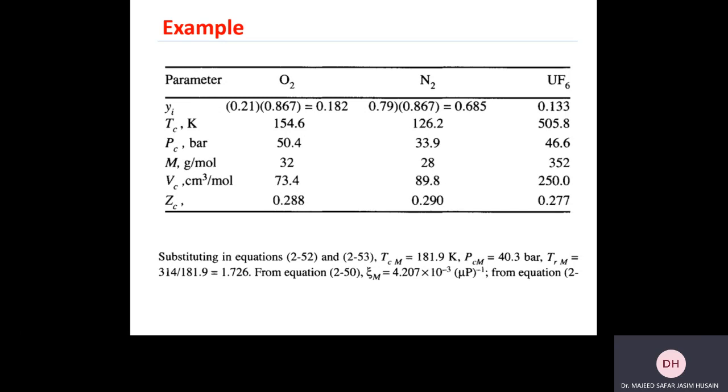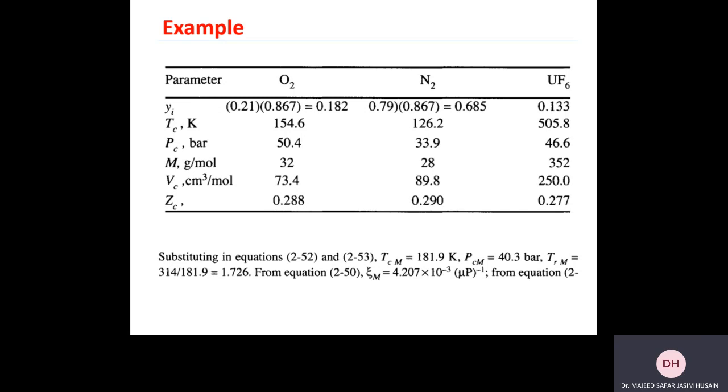So if we want to find the mole fraction Yi, 21% of 0.867, and the rest, 0.133, was UF6, and 79% of the 0.867 was nitrogen. The critical temperature of oxygen, nitrogen, and UF6 is given to you, possibly from tables. Molecular weight is given, critical volume VC is given, and the compressibility factor is given.